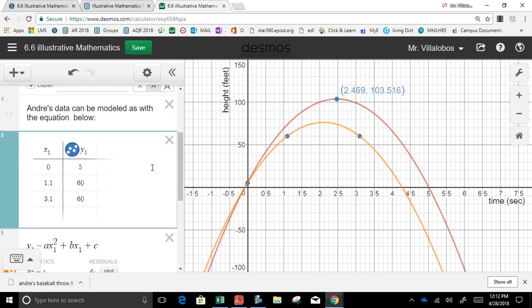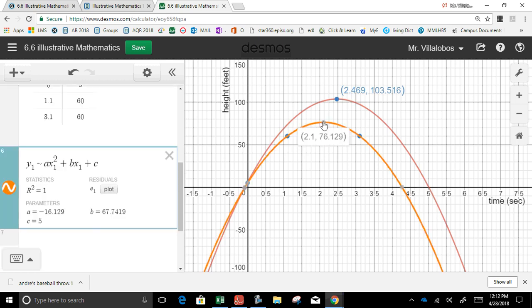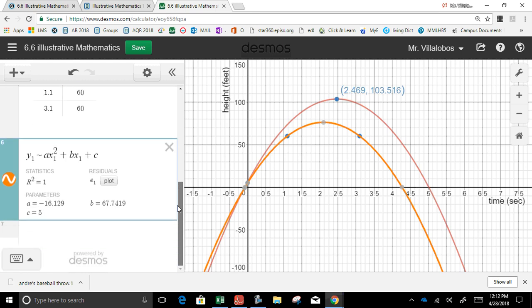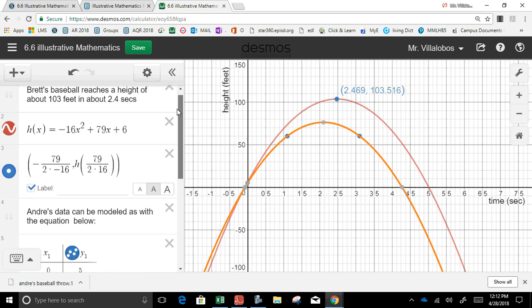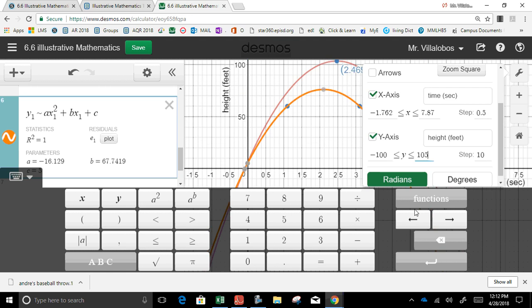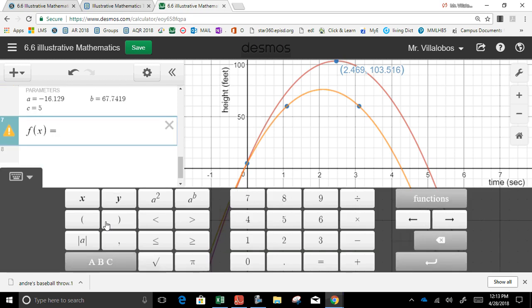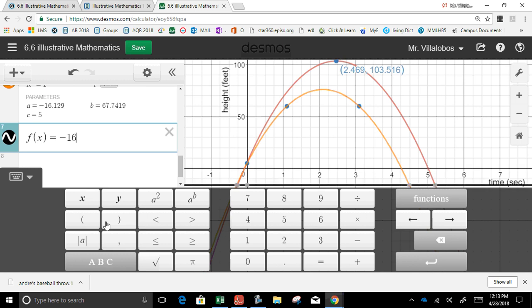And 2.176. Assuming gravity, so we can change that.